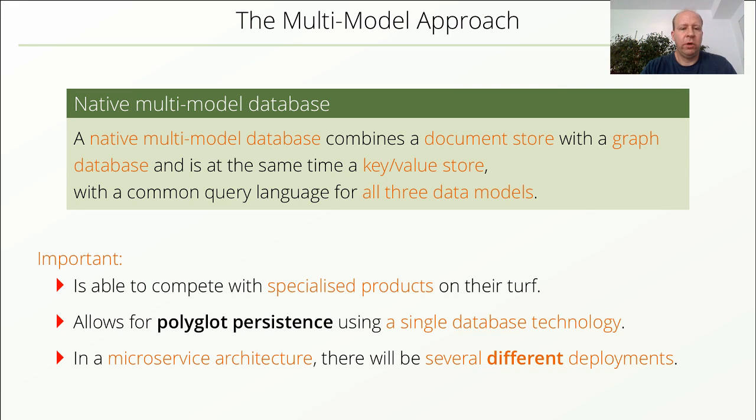And the most important thing is that it's not just three things put together, but that there is a common query language which is able to talk about all these three data models and actually even mix them in a single query. The selection of document store, graph database, and key value store is a very deliberate one, because this combination enables us to not make compromises.